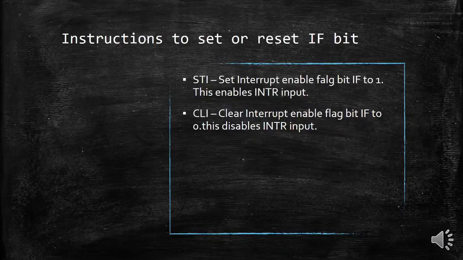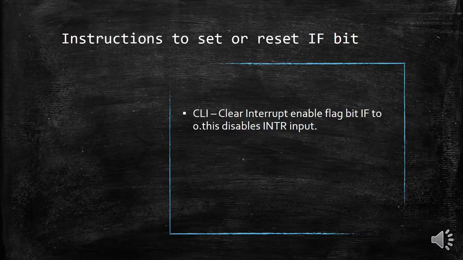Fifth point, IP loaded from content of word location N into 4. Sixth point, CS is loaded from contents of next word location. Then a branch to interrupt service subroutine ISR takes place.